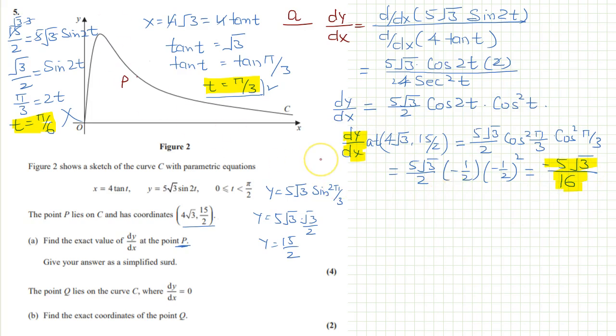Now part B. The Q lies on the curve where dy over dx is 0.